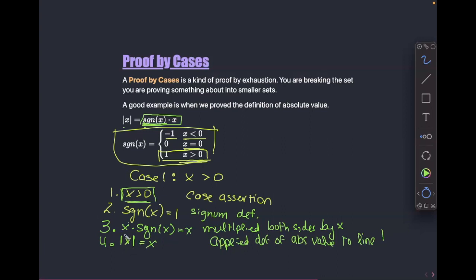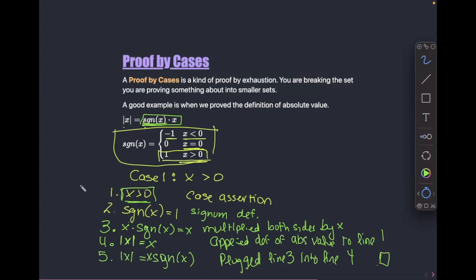Now I have two things that equal x: x times signum x equals x, and absolute value of x equals x. So now I can say absolute value of x equals x times signum x, which is what I was trying to prove. I can say I plugged line 3 into line 4. And I can go ahead and move my square over here.